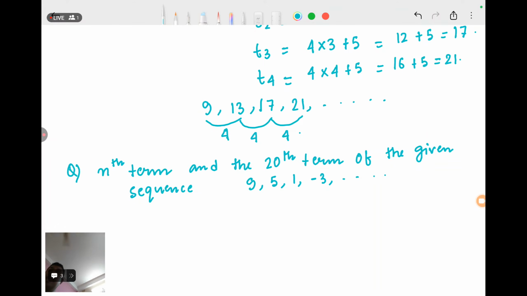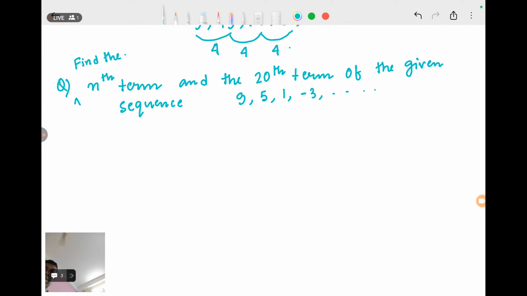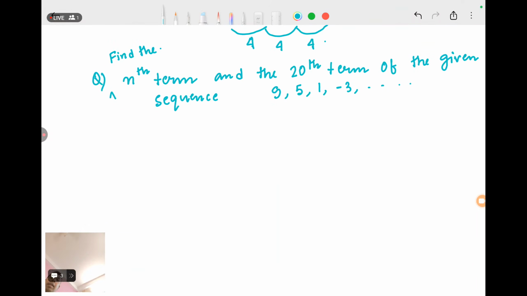So now we have to find the nth term of this. In order to find the nth term, we write Tn is equal to a plus n minus 1 into d.